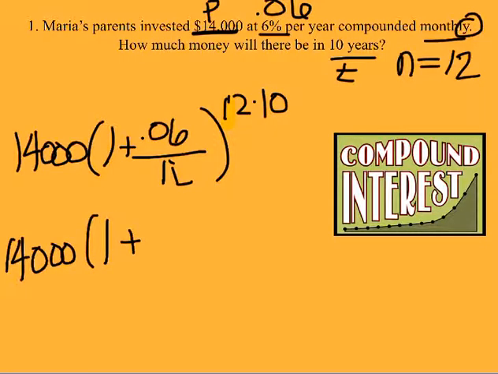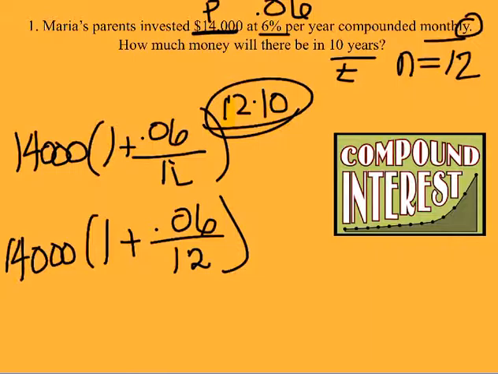I'm going to keep the same thing in the parentheses. Some students like to divide this out, but I will tell you the earlier you round, the less accurate your answer is going to be. I do like to take the extra step, though, to multiply out the exponents. So 12 times 10 is 120. So I get that, okay?